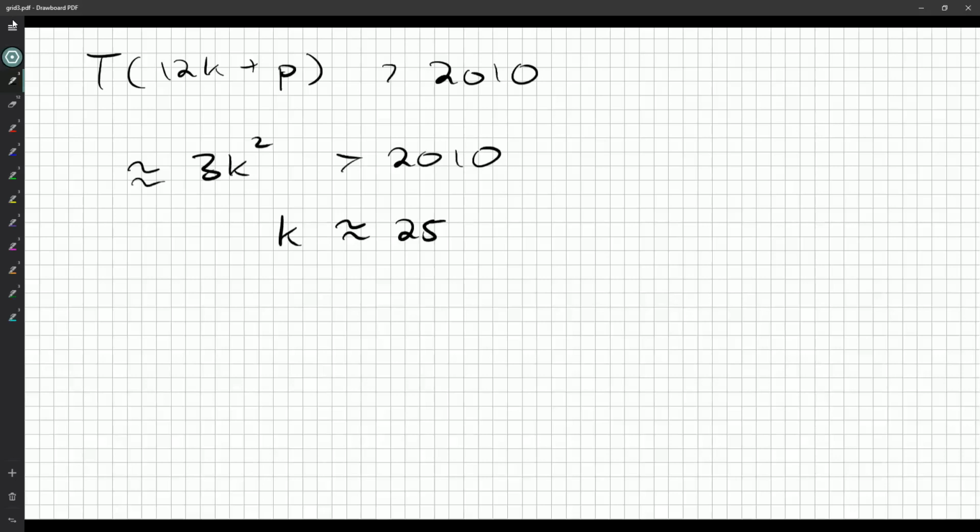So that would be 313 and things like that. So I'm going to guess n is... 25 would be 3. So 25.8, let's actually, if k were 25.8, multiply that by 12, so about 310-ish.